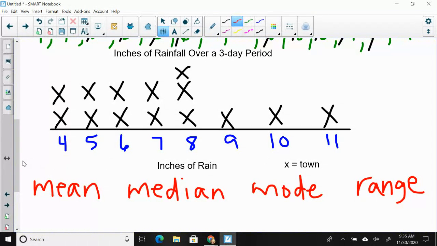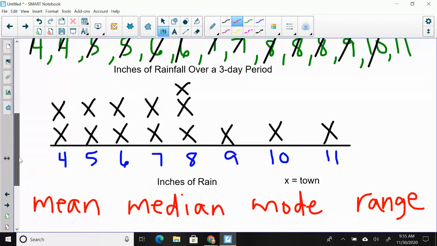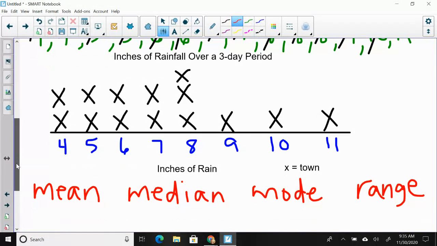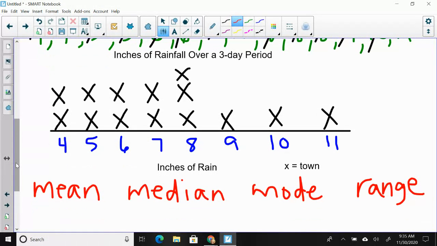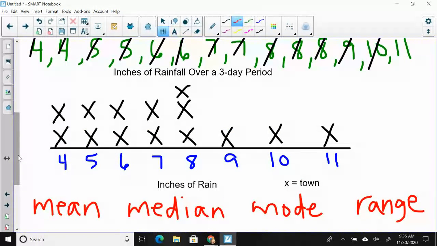All right, so we're going to start off with the thing that I feel is the easiest to pick out, and that is the mode, okay? The mode is the number that appears the most times in the set. So which number appeared more than any other number in the set? And it's very easy to see that on your line plot. Jasmine? 8, okay?